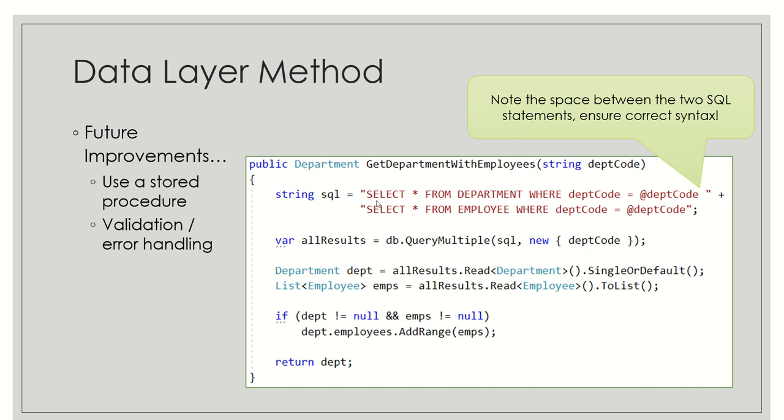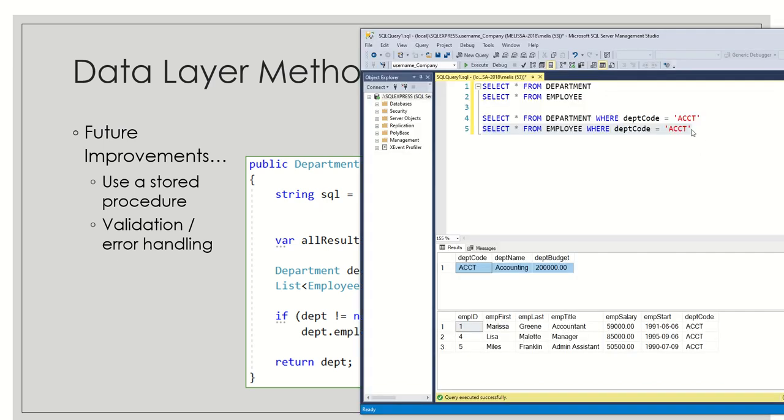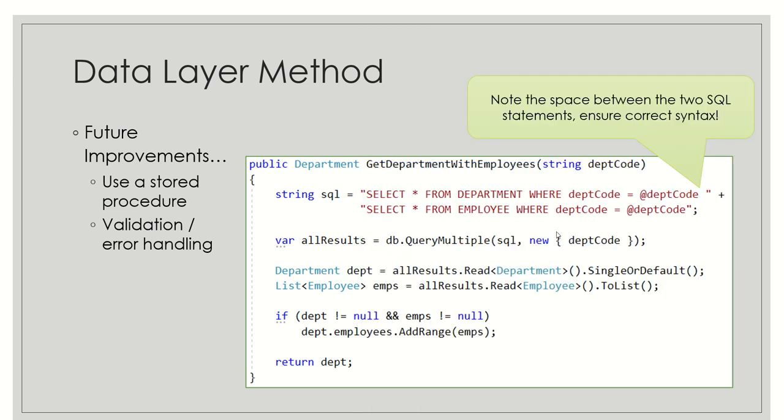So here's our two SQL statements. Both of them use the same department code parameter, just like we did in our SQL statement here. We have the same department code. We're going to pass that SQL queries, both of them, to a query multiple call. And one thing I want to point out, when you have two separate queries, or when you're going on to the next line, even within one query, make sure that you have a space.